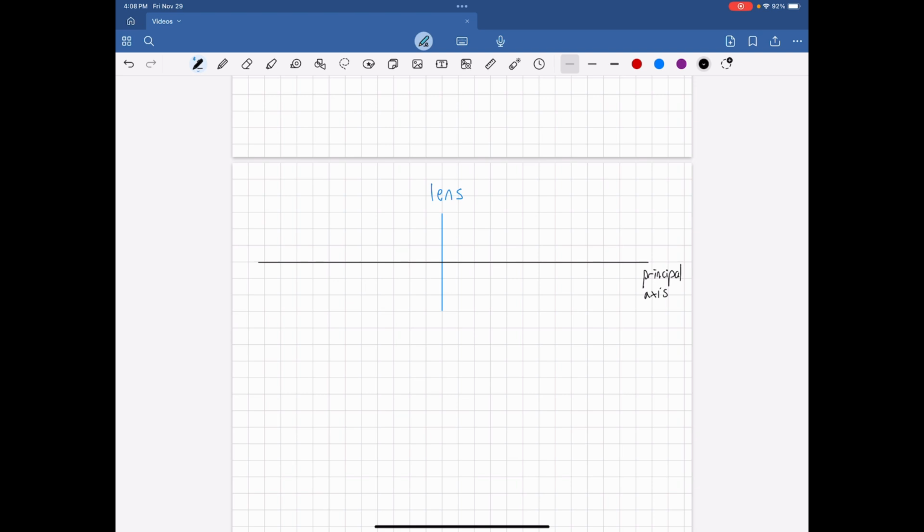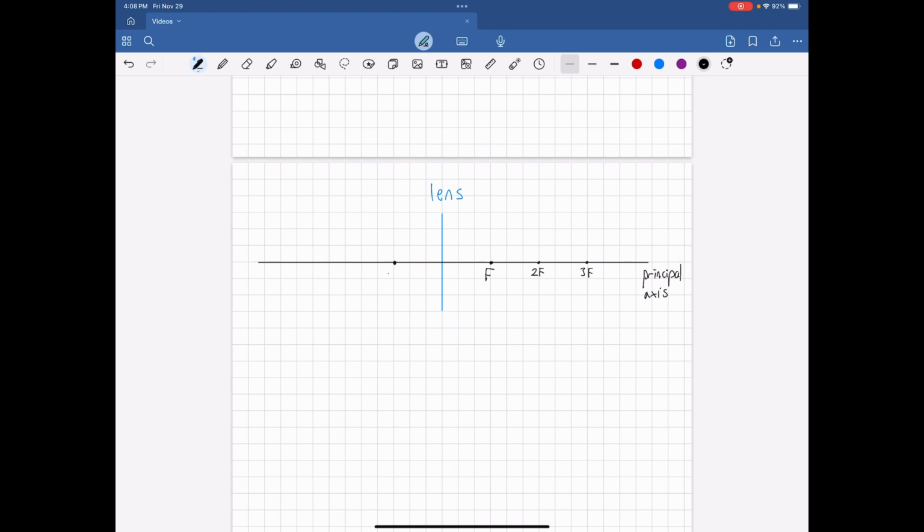And then we're going to label this diagram with distances, but we're going to do it in terms of F, or focal length. So this would represent 1F. Over here, I have to keep the scale the same. This would be 2F. This one over here would be 3F, and so on. Now, behind the lens, we can do the same sort of thing.